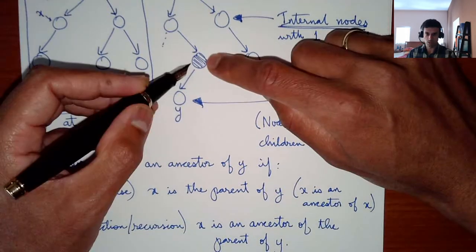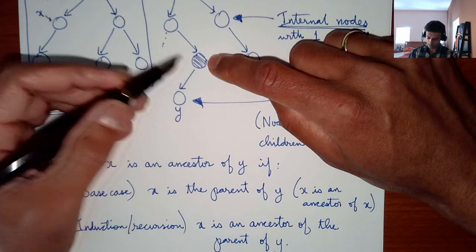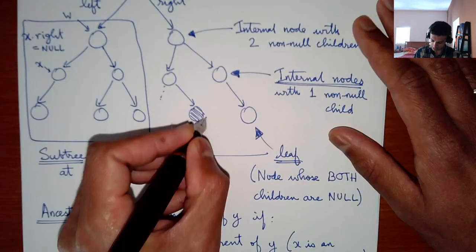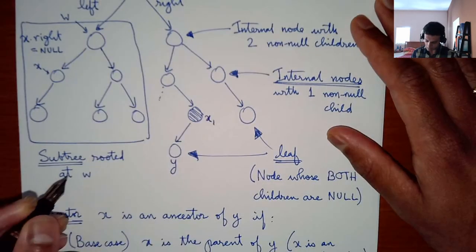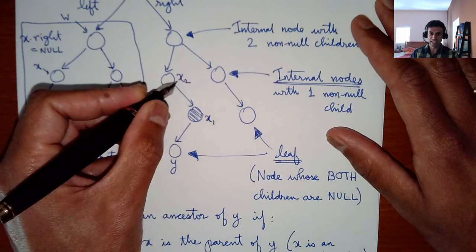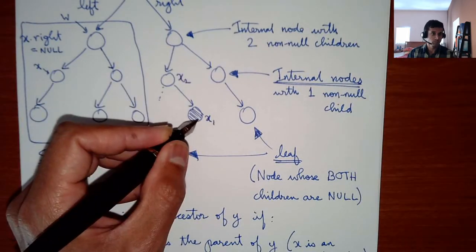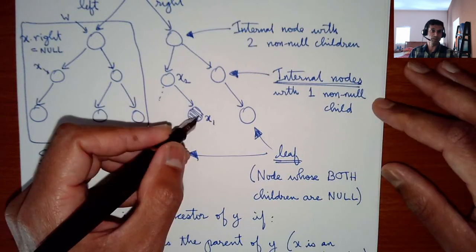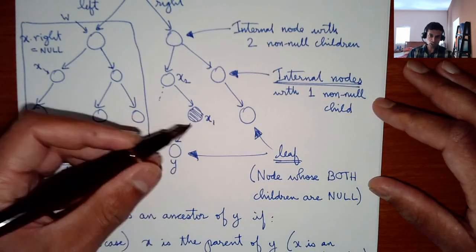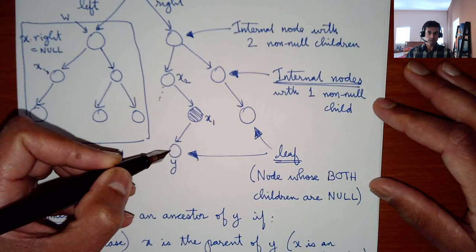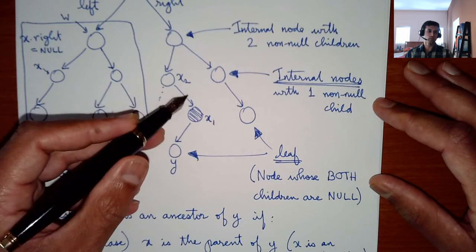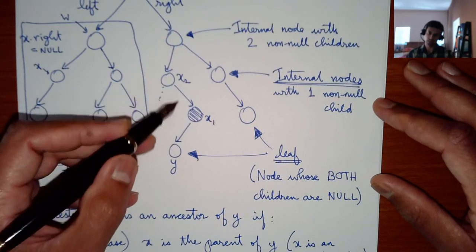So let me refer to this as X1. So X2 is an ancestor of X1, right? Because X2 is a parent of X1. But X1 is an ancestor of Y, and X2 is an ancestor of X1, so X2 is also an ancestor of Y.